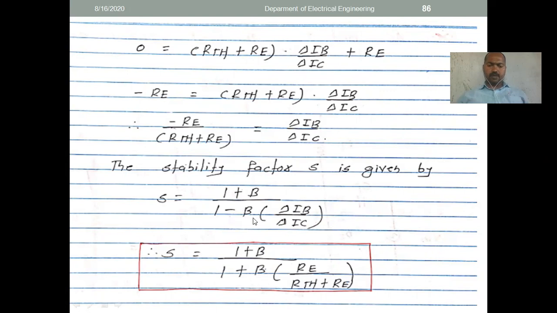So this minus multiplied by this minus gives a plus, that's why it is 1 plus beta, not a minus, because minus multiplied by minus is a plus. So 1 plus beta into RE divided by RTH plus RE. This is the value of the stability factor for this voltage divider biasing, right?